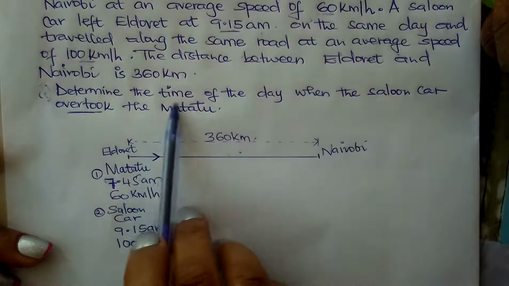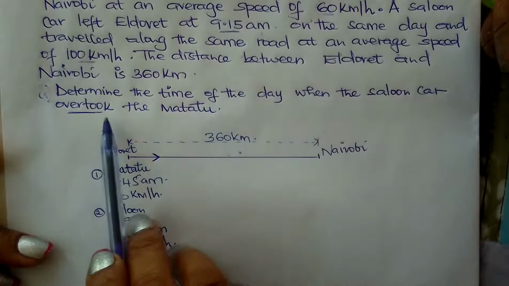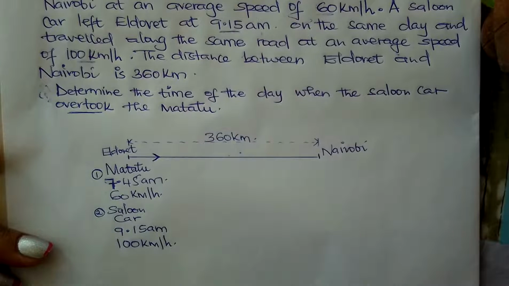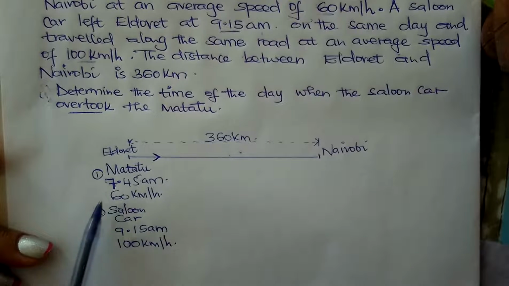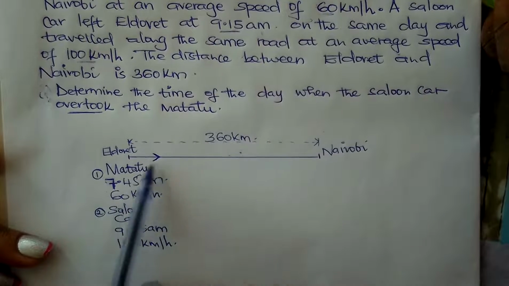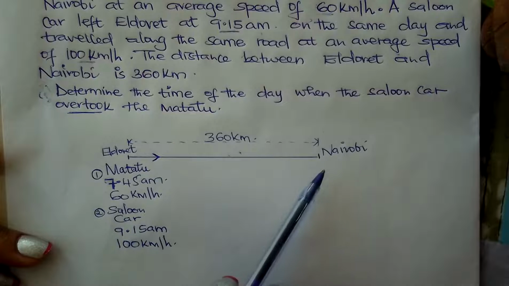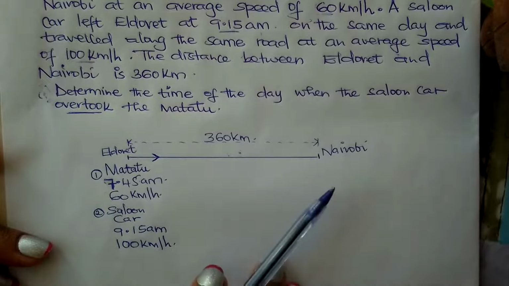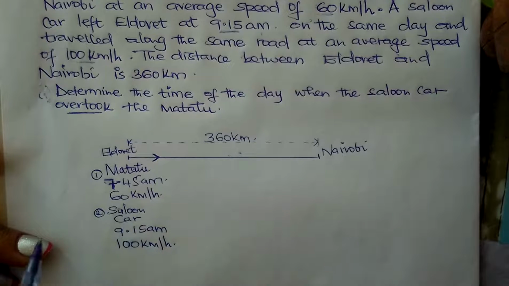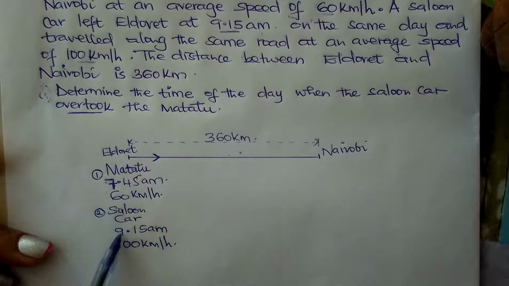From there, you are now told to determine the time of the day when the saloon overtook the matatu. So learners, these two vehicles are moving in the same direction. They are heading to Nairobi. And therefore, the first thing that you do is to equate these times. You see, the matatu leaves earlier than the saloon car.